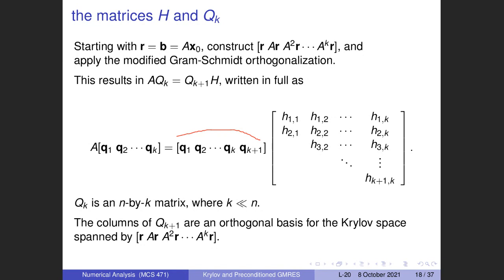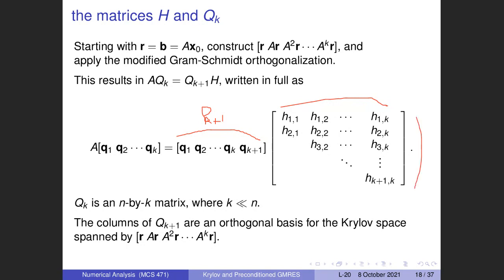But let's check this. Here we have k plus 1 columns, and the q's are all of the same dimension. Here this matrix has k columns, but it has k plus 1 rows. If you do a matrix-vector product, then the columns here, k plus 1, must align with the rows.